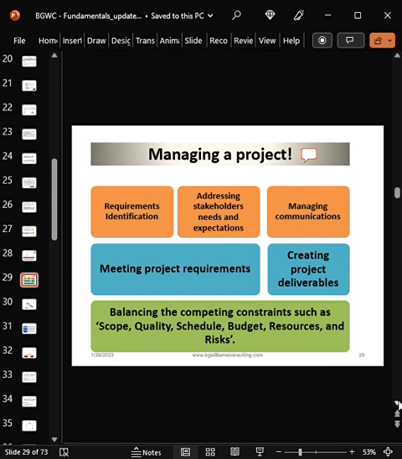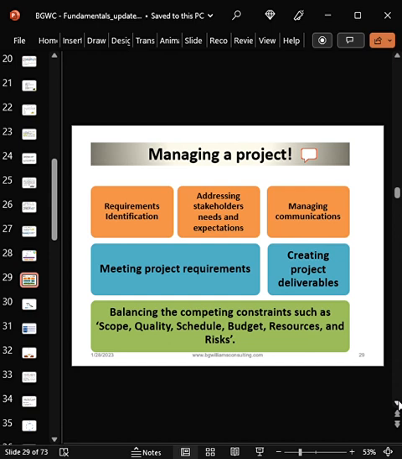And in our test, we refer to it as knowledge area. Why we refer to it as knowledge area is because we want to dig more into each aspect of those areas, so that when you're dealing with stakeholders, you will know what to do in dealing with stakeholders.